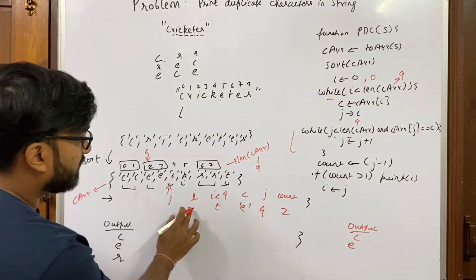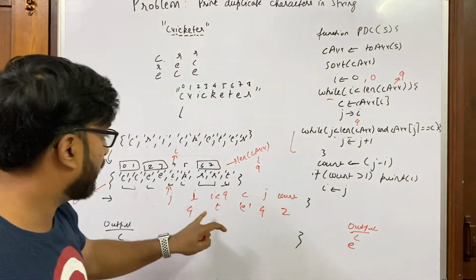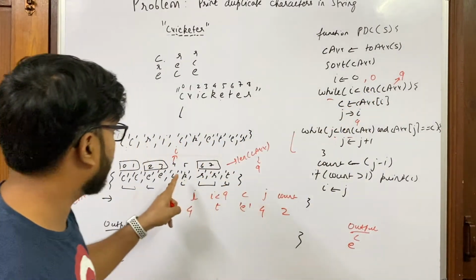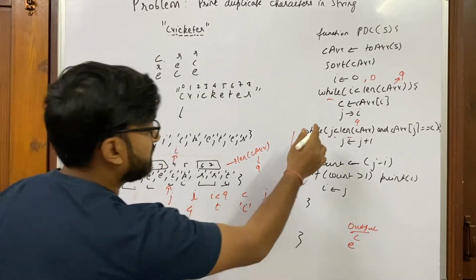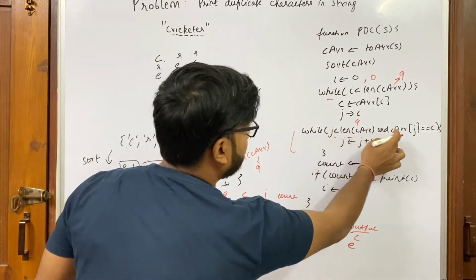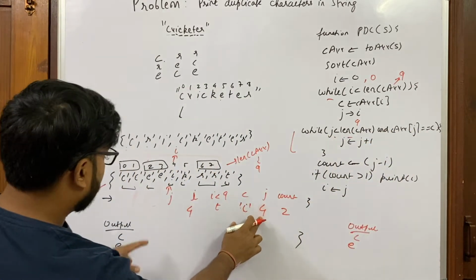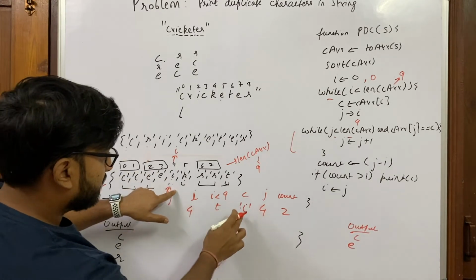You set I to J, I becomes 4. I is less than 9, 4 is less than 9 is true, C is CARR of 4, C is I, J is I, J is 4. 4 is less than 9, CARR of J is I. C is equal to I true.